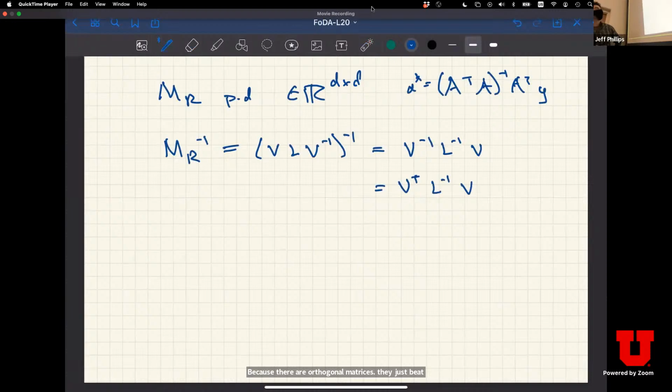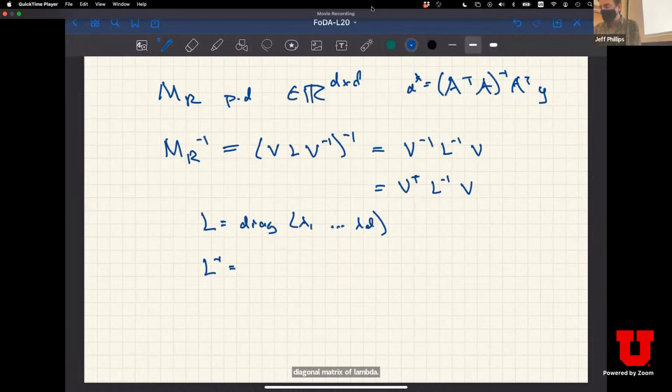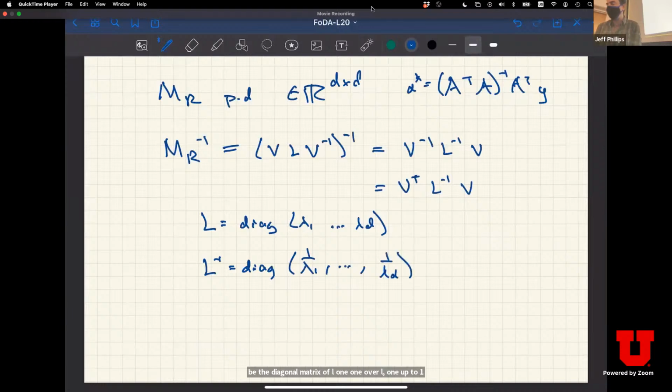I have to take the inverse of L. Luckily, L equals the diagonal matrix of lambda 1 up to lambda d, and that means L inverse is going to be the diagonal matrix of 1 over lambda 1 up to 1 over lambda d. So to take the inverse of a diagonal matrix, I just invert the elements along the diagonal. That turns out to be the right thing to do. Inversion is like doing division.